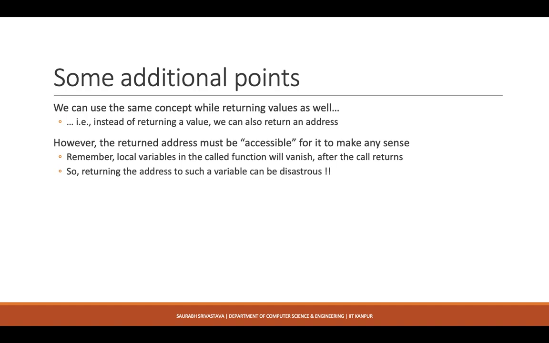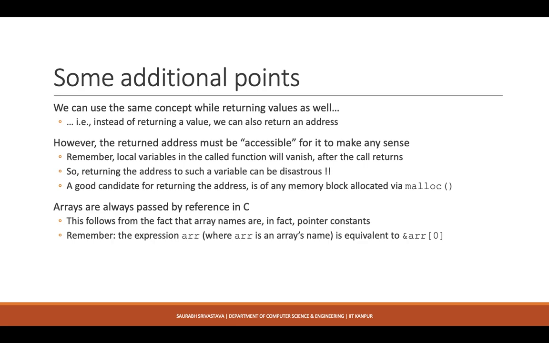It has not returned. So as soon as this function returns, the local variables in that particular function actually vanish from the memory. So if you return an address to such a variable, that is going to be a problem. You'll probably get unexpected results. But still, one good candidate to return the addresses for are any memory blocks which were allocated using the malloc function, the dynamic memory allocation function.